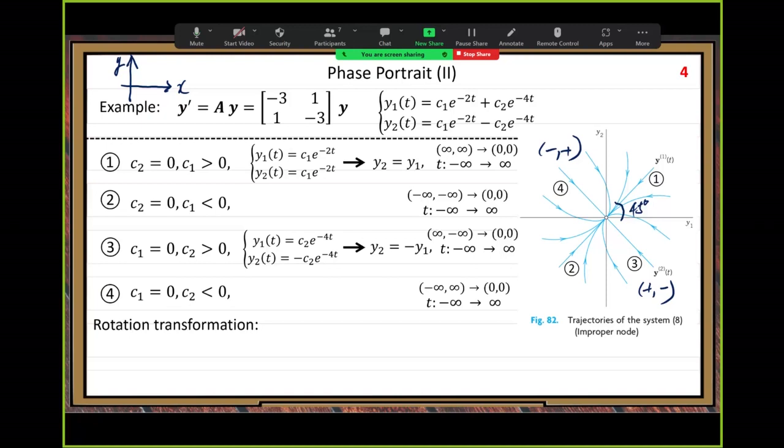So you get another coordinate system, but in this way.